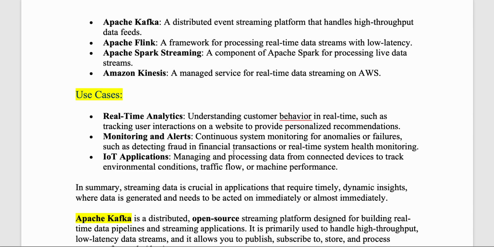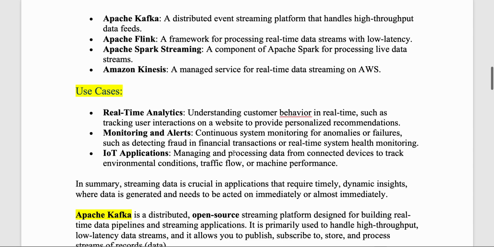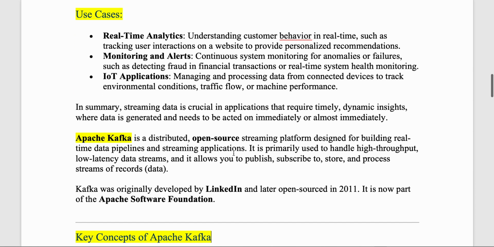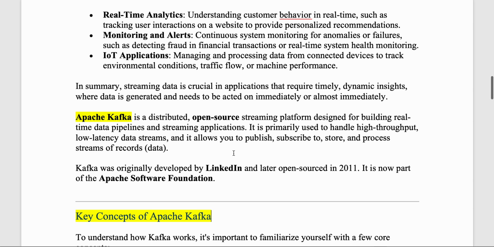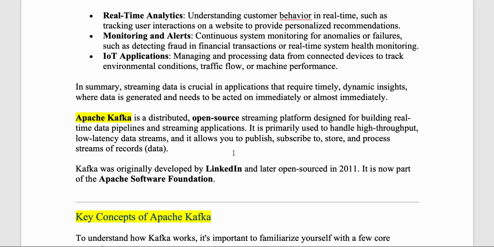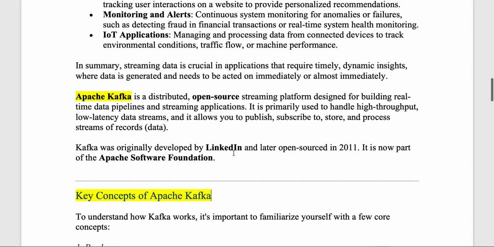Before proceeding further with Apache Spark Streaming, we can understand what Apache Kafka is. Apache Kafka is a distributed open source streaming platform designed for building real-time data pipelines and streaming applications. It is primarily used for handling high throughput, low latency data streams.